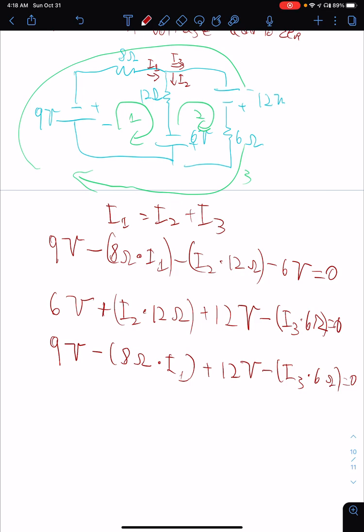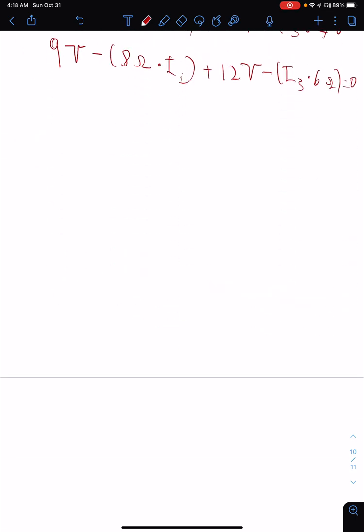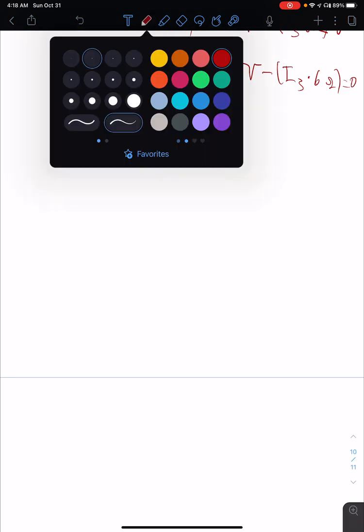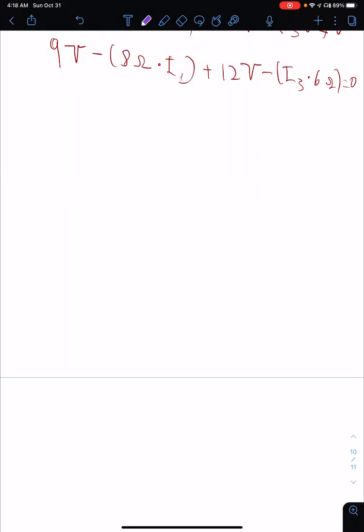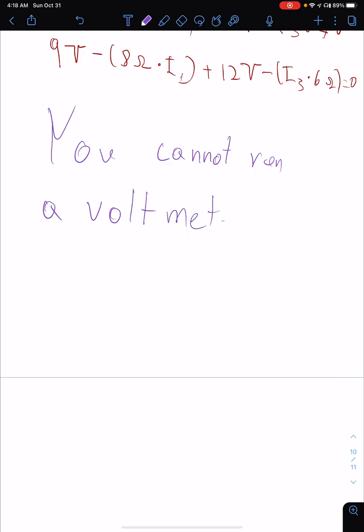Electrical measurement instruments. What I have to really understand for that is that you cannot run a voltmeter in series with a circuit.